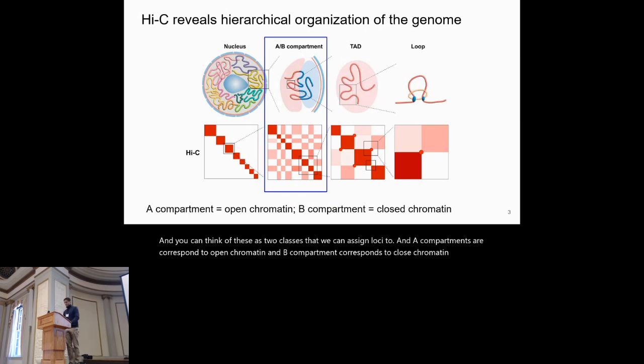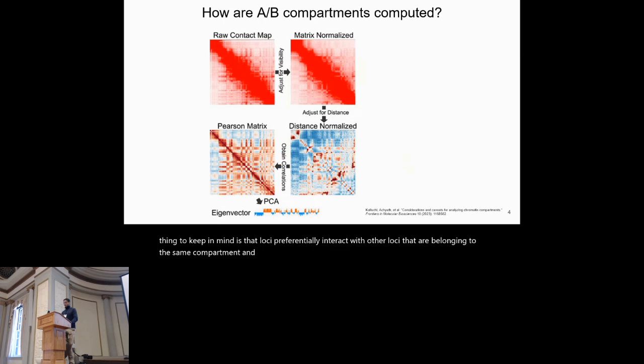And the thing to keep in mind is that loci preferentially interact with other loci belonging to the same compartment. And so how are these AB compartments computed? Given the raw contact map, you normalize the matrix to account for distance, and you get this Pearson correlation matrix in the end that essentially highlights this plaid pattern.